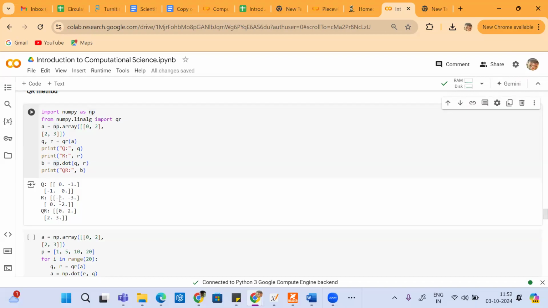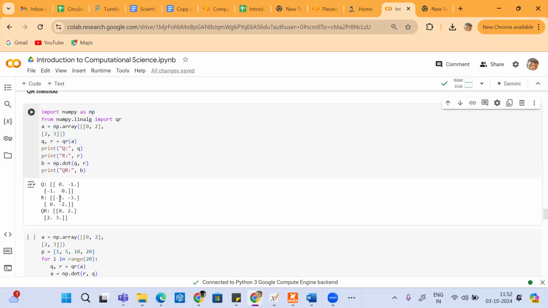And this is an upper triangular matrix. Is it an upper triangle? The lower triangular element is 0. Fine. And is it the correct decomposition? Suppose Python is giving it to you, you can trust Python, but from a humanitarian point of view, you cannot trust blindly. So how can you check whether it is correct?